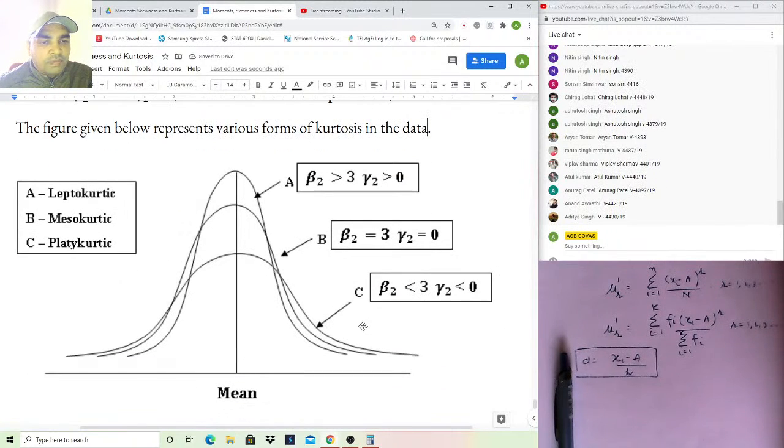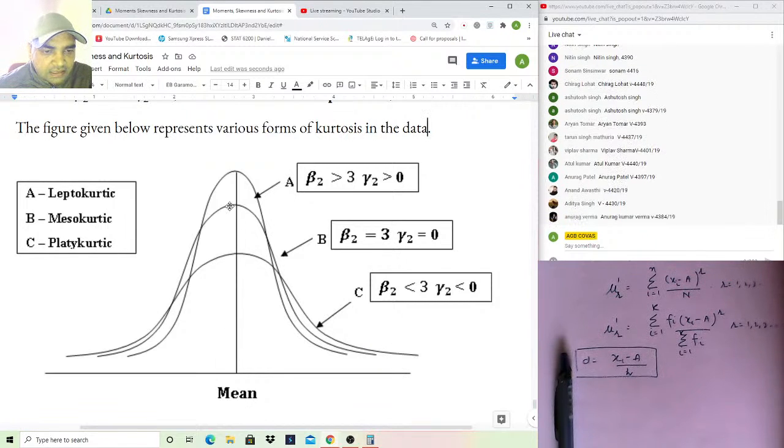The figure given below represents the various forms of kurtosis in the data. This is platykurtic, this is mesokurtic, and this is leptokurtic.